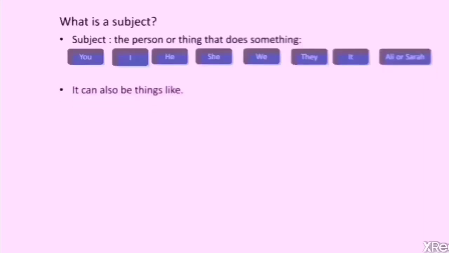It can also be things like a house, a tree, a guitar.